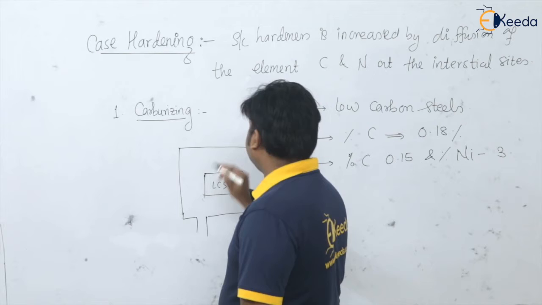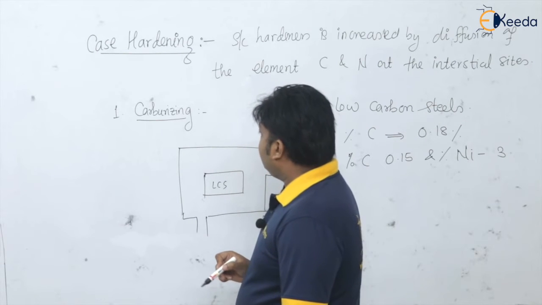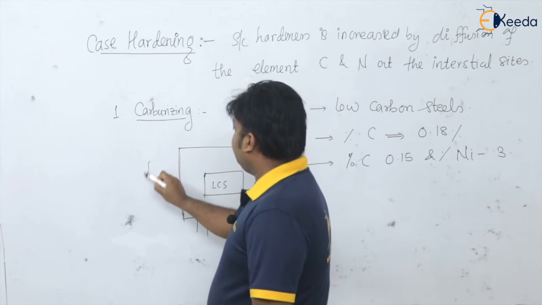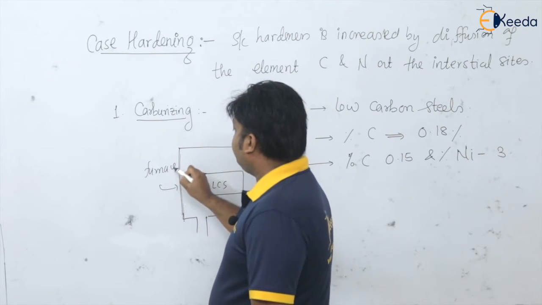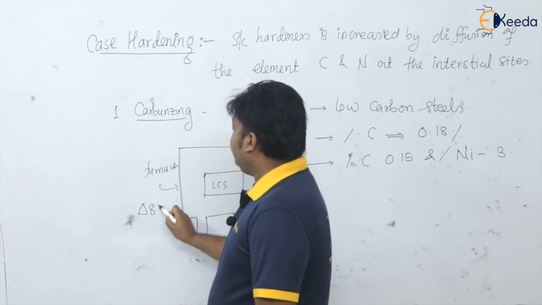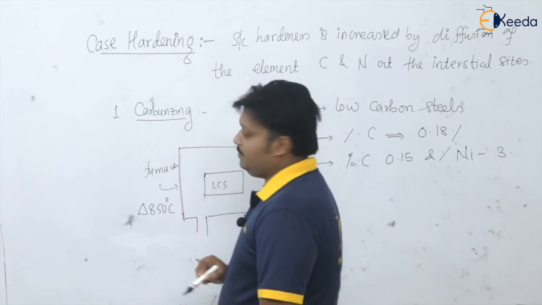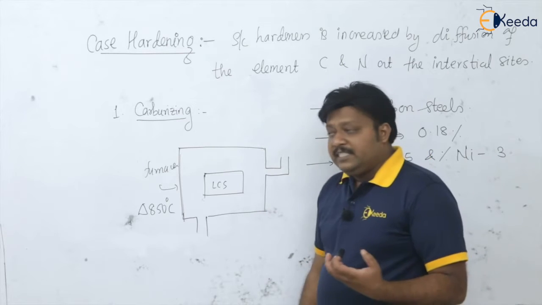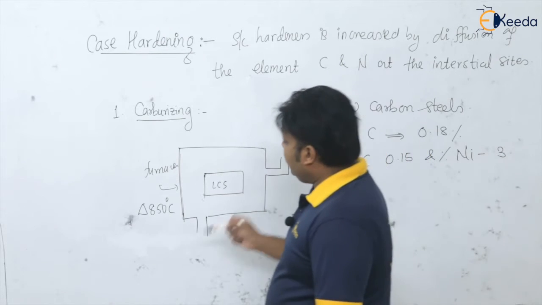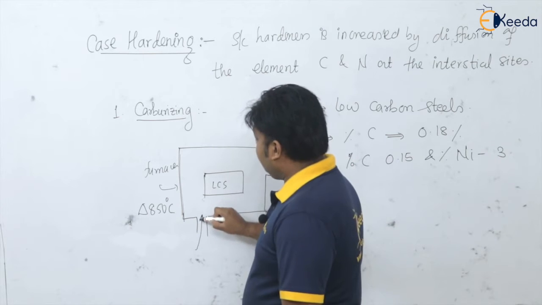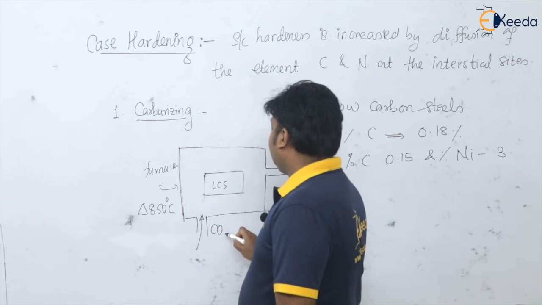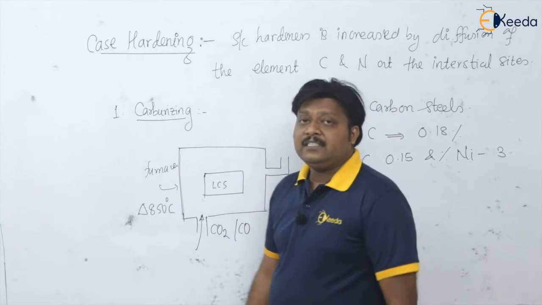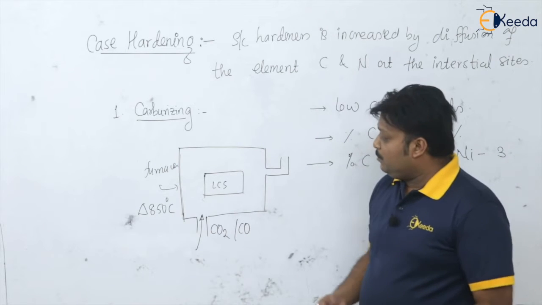In this carburizing process, the specimen in the furnace is heated up to 850 degrees centigrade, and then we pass either carbon dioxide or carbon monoxide into the furnace.